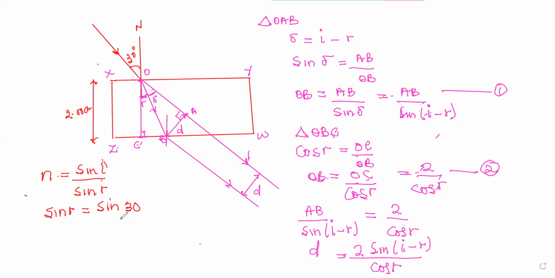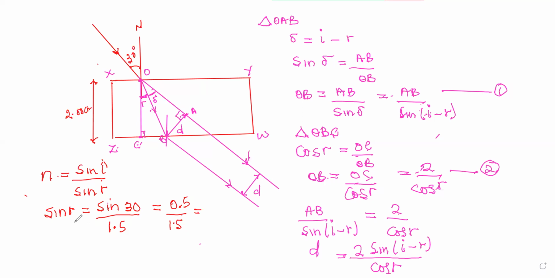1.5. Okay, so sine 30 divided by 1.5. And sine 30 is equal to 0.5. So we have 0.5 divided by 1.5. Divide 0.5 by 1.5 for me. 0.5 divided by 1.5.